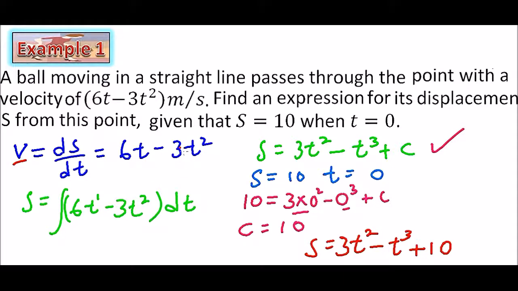So if we integrate this, then we'll go back to displacement, which we are getting as this expression. And therefore, when you simplify, since we have been given extra information, and that is when s is equals to 10, t is equals to 0, we are able to get the correct expression. So that's how you work out that problem.